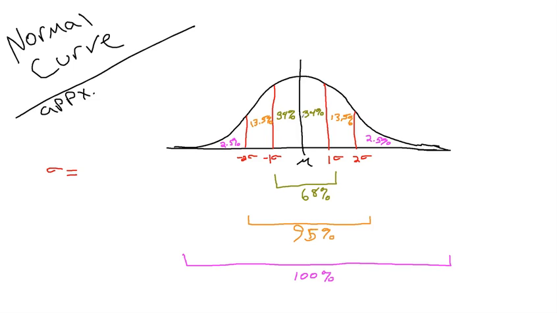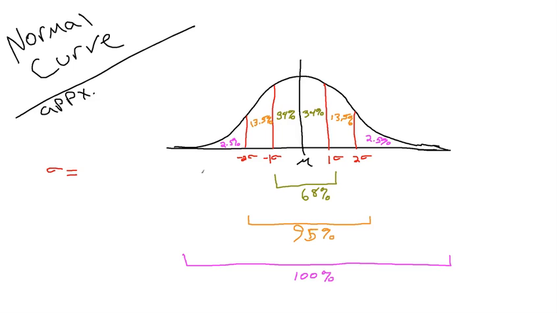So we have 34 plus 34, that's 68%. If we add in up to 2 standard deviations, that's 95. If we add in our little wings, that's 100. Now, all you have to do to remember this stuff is remember these percentages: 34, 13.5, 2.5.